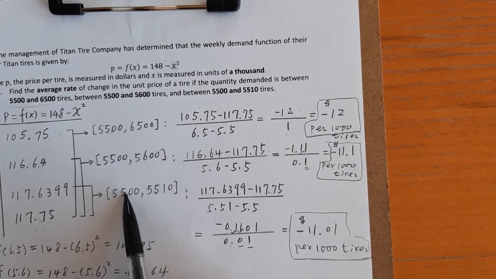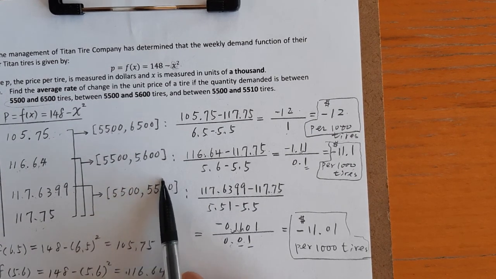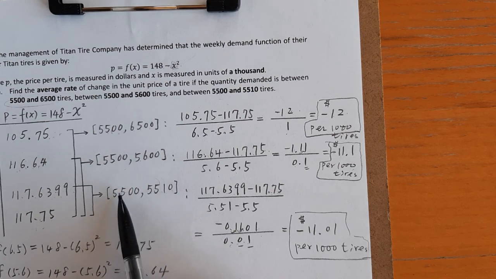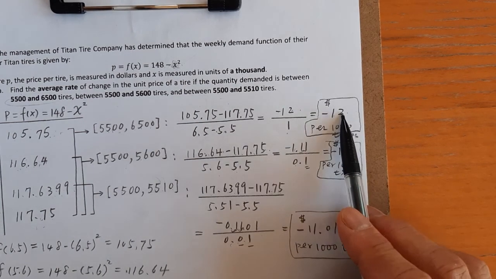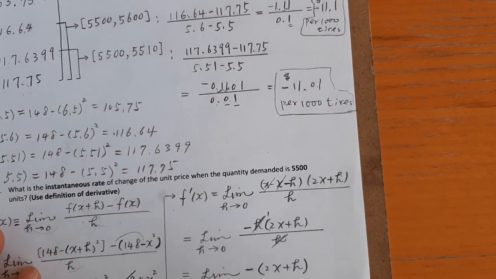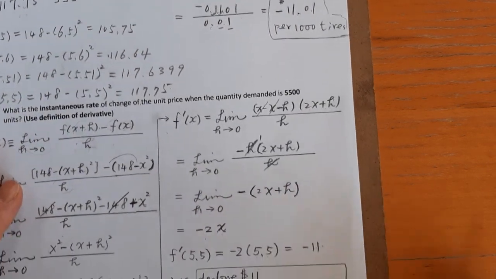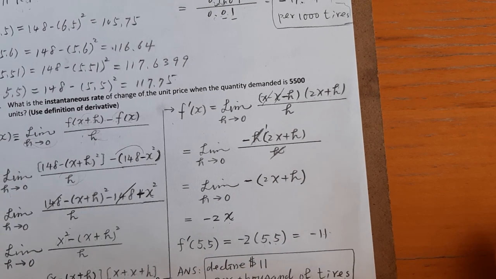And from 5.5 to 5.51, gradually closer to 5.5, it declines by $11.01. So from 12 to 11.1 to 11.01, finally at 5.5 it is negative 11, a decline by $11 per thousand tires.